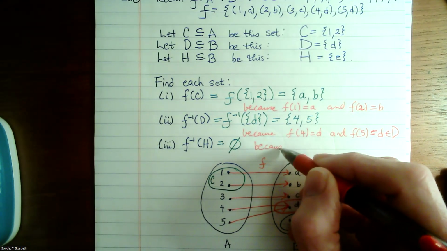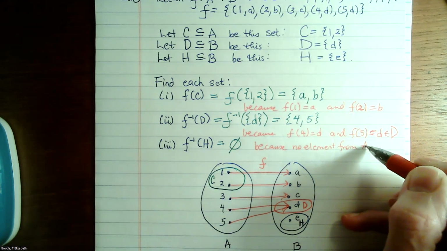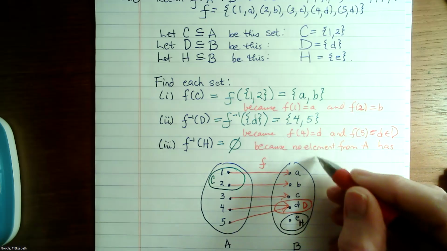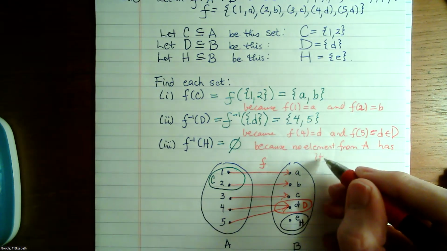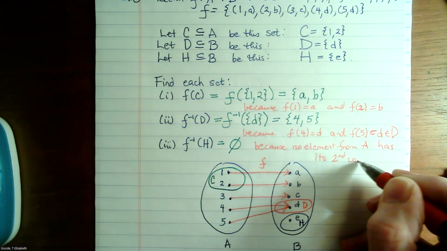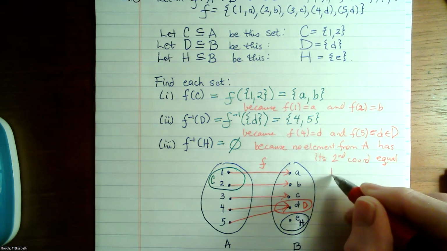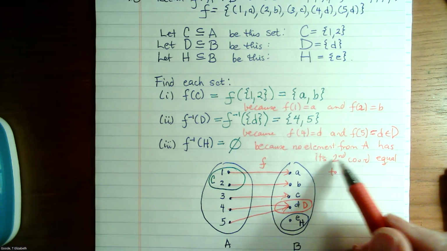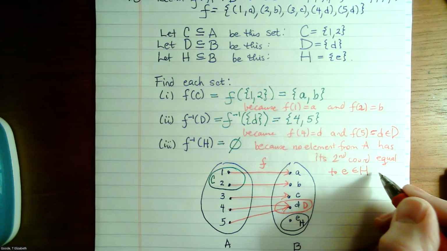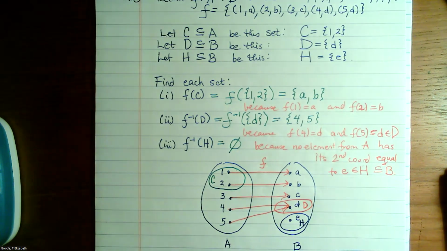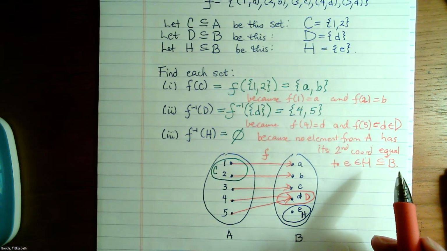Because no element from A has its second coordinate equal to little e. Or another way to say it is no element from A maps to little e. It's the only element of H. And of course, that's a subset of B. This notation is okay.